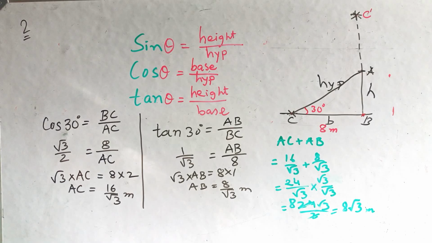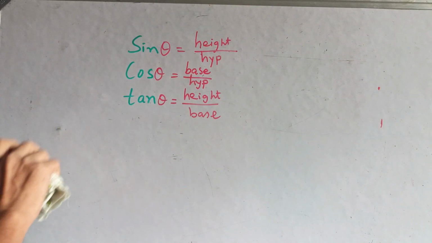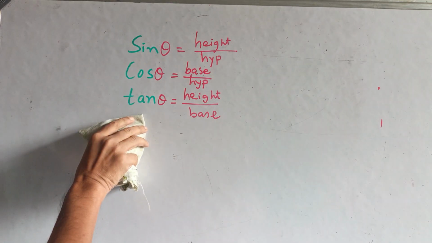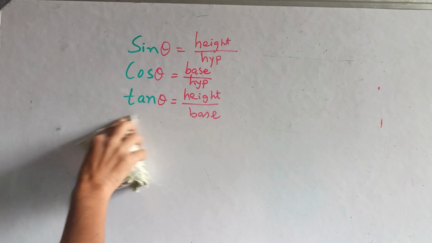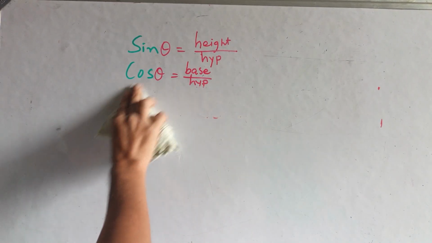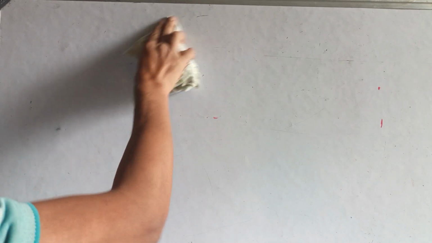So hope you have understood that, and let us move to the next problem. Hope you are able to remember the definition, or write it in your notebook to be remembered and never forgotten. Otherwise this height and distance problem cannot be done. So after this I am moving to the next problem.